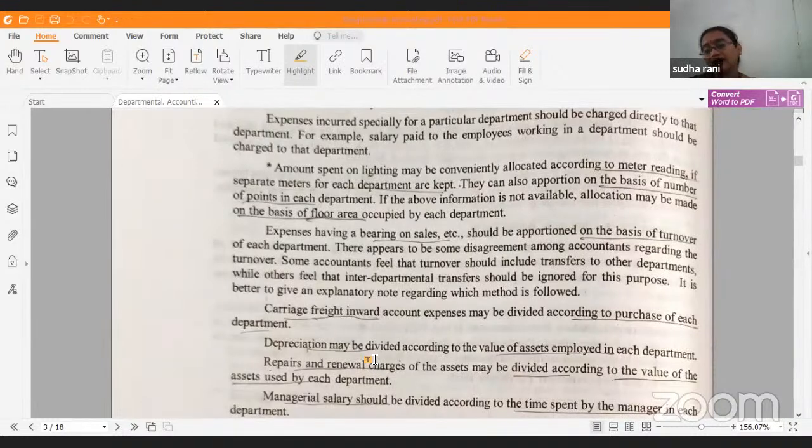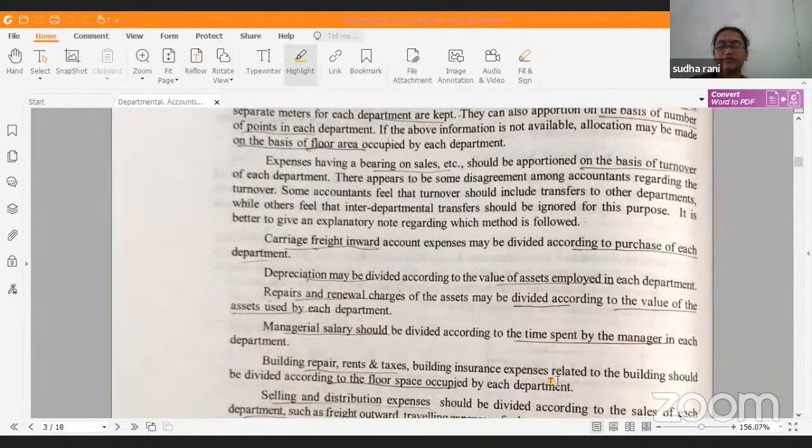Then how do you allocate that? Again, based on the number or value of assets employed on each floor. Similarly, repairs and renewals are divided on the value of assets. For what are you doing the repairs and renewals? Assets. So the value of assets will be the base to divide the repairs and renewals.